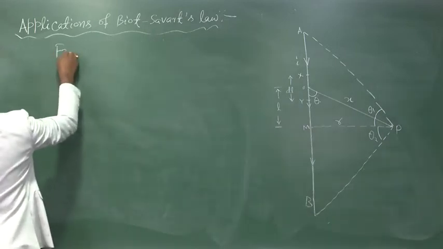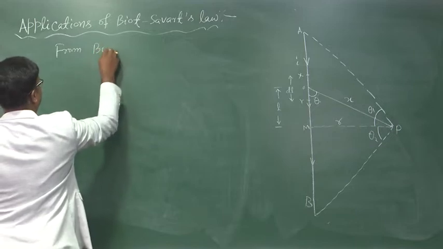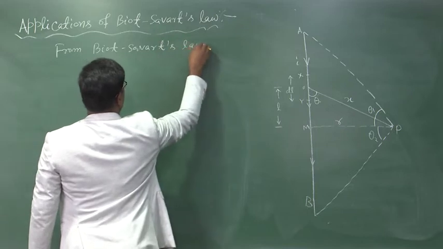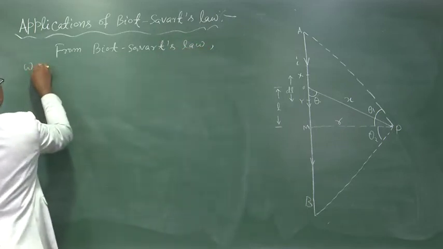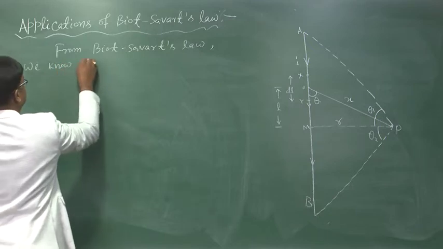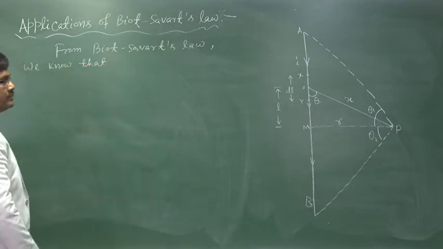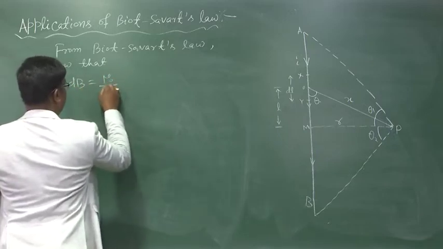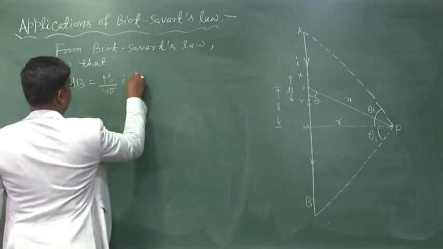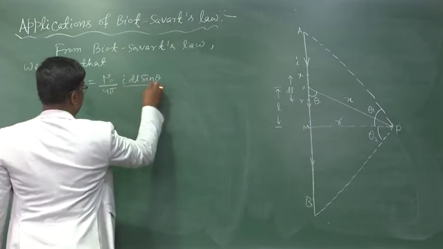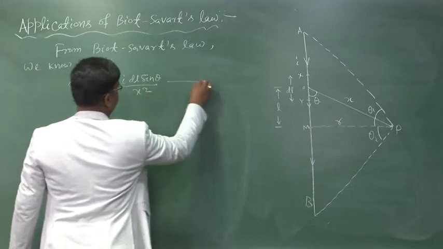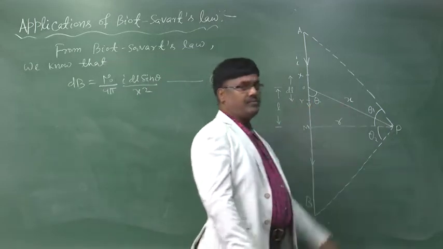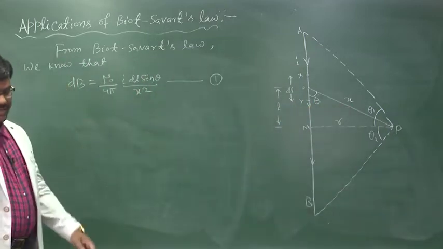From Biot-Savart's law, we know that dB is equal to mu 0 by 4 pi I dl sin theta by x square. Here, according to the figure, we have taken this distance as x, for which we are writing x square.